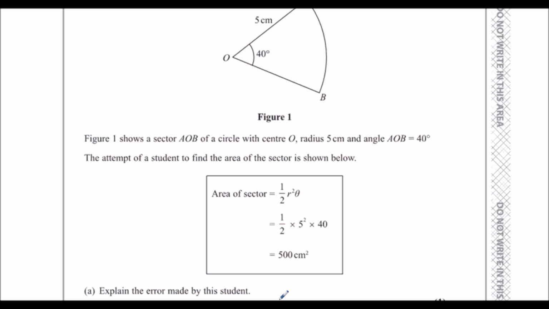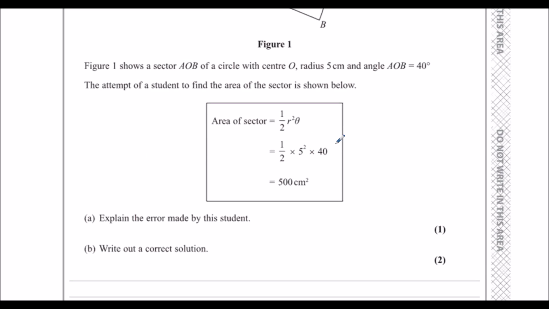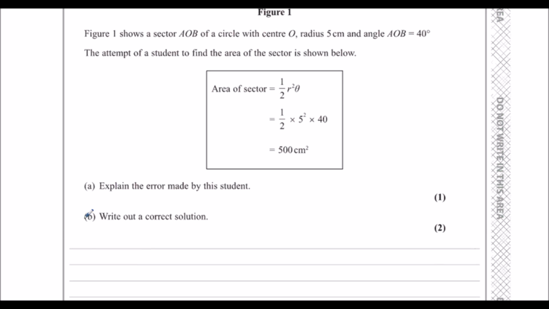They've used a formula that only works for radians. So they've used 40 degrees, but this formula only works for radians. So we can say half r squared theta only works when the angle is in radians.